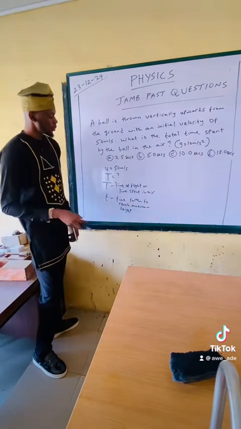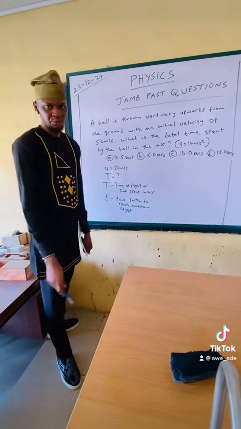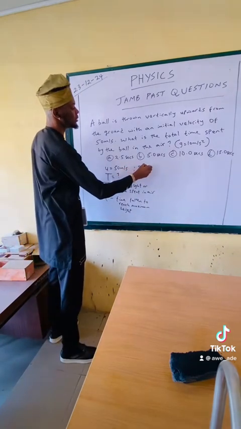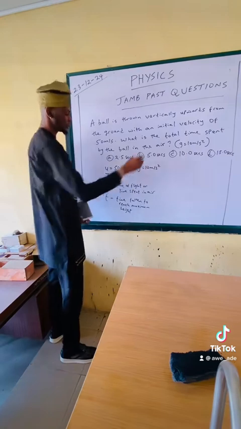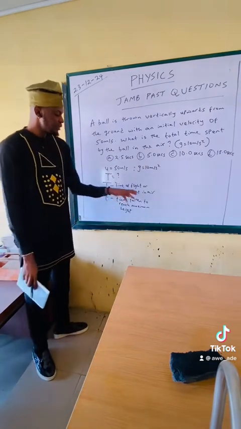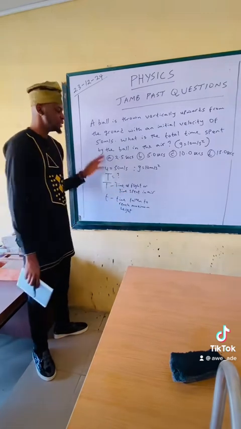Now, don't forget, we have acceleration due to gravity from the question. The acceleration due to gravity, g, is 10 meters per second square. I told you that the time taken to reach maximum height is different from the time the ball spent in air.